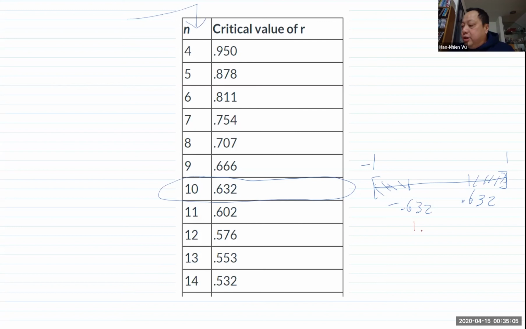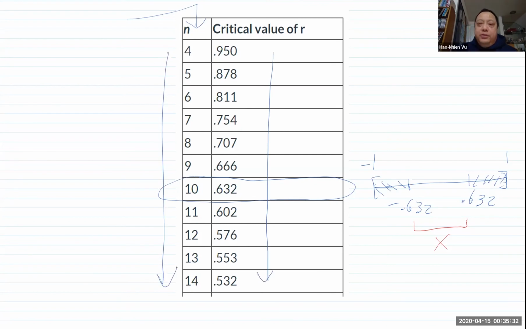But if your R is somewhere in between the critical values, positive and negative critical value, then we conclude that there's no linear correlation. You will notice that the critical values of R decrease as the sample size goes up.